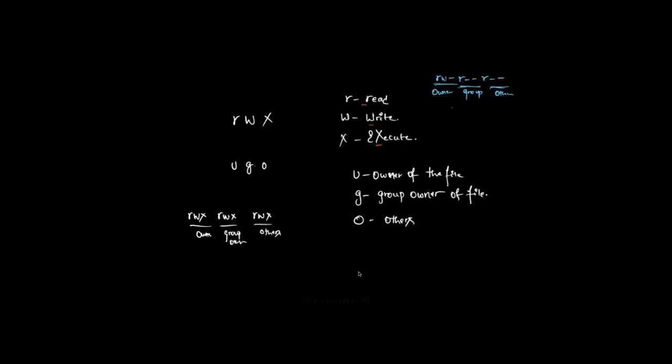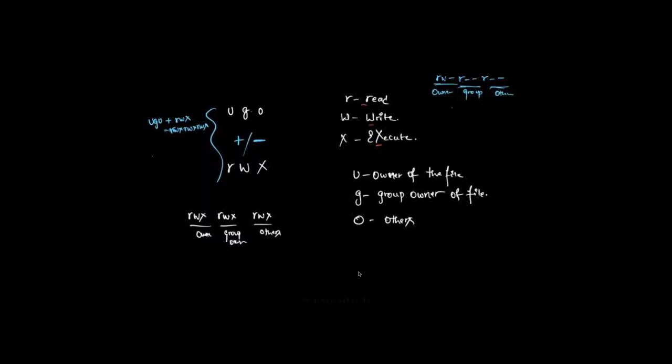Now if you want to add or subtract a permission, you can give either plus or minus. For example, if you want to give the user, group and others all permissions, rwx, that becomes rwx, rwx, rwx.